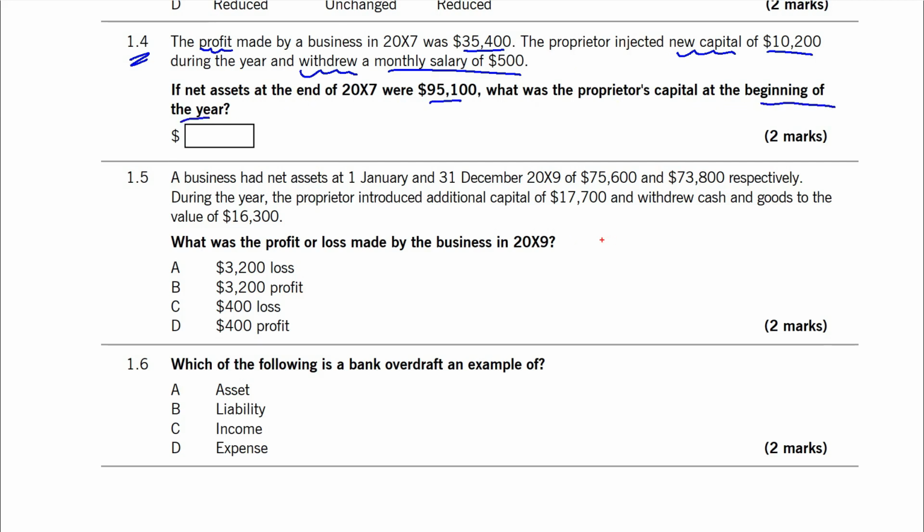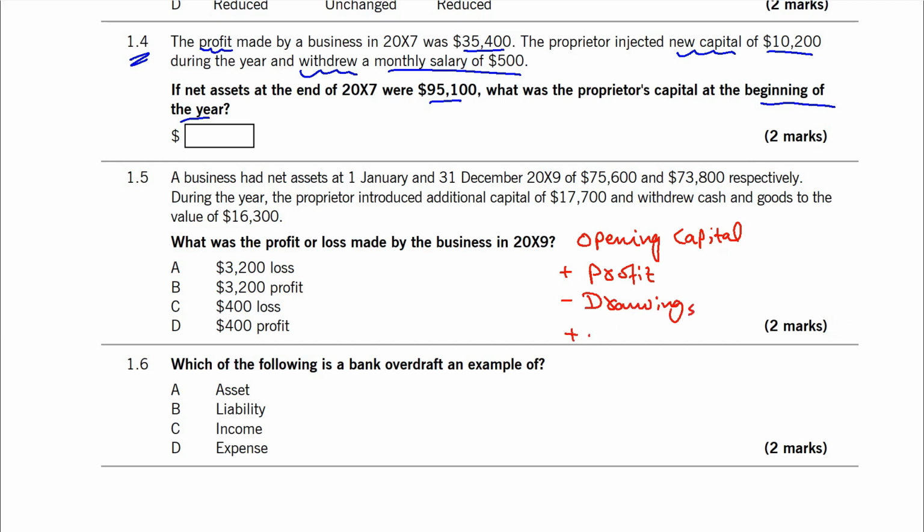So here we will write that pro forma which we discussed earlier: opening capital plus profit for the year minus drawings.